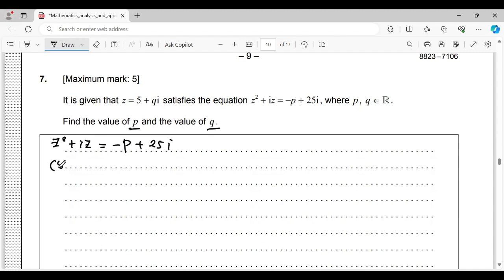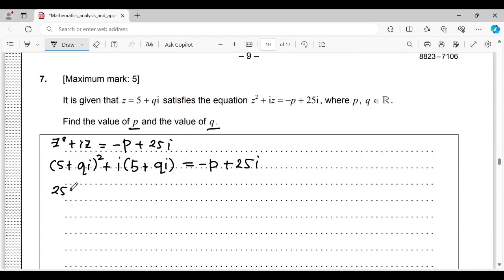It becomes (5 plus qi) squared plus i times (5 plus qi) equals minus p plus 25i.